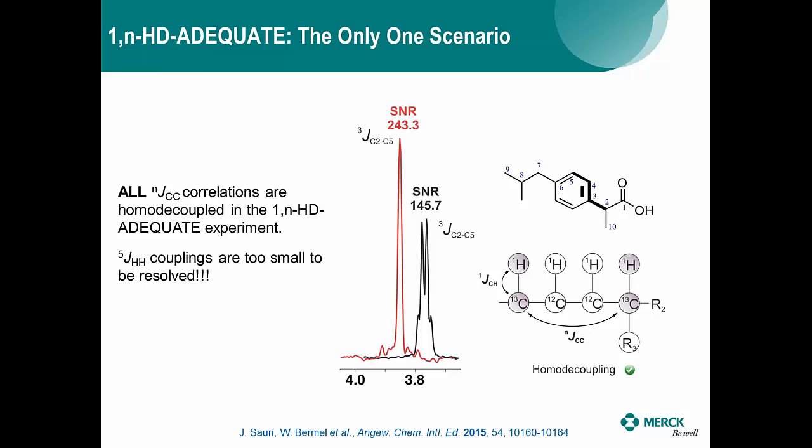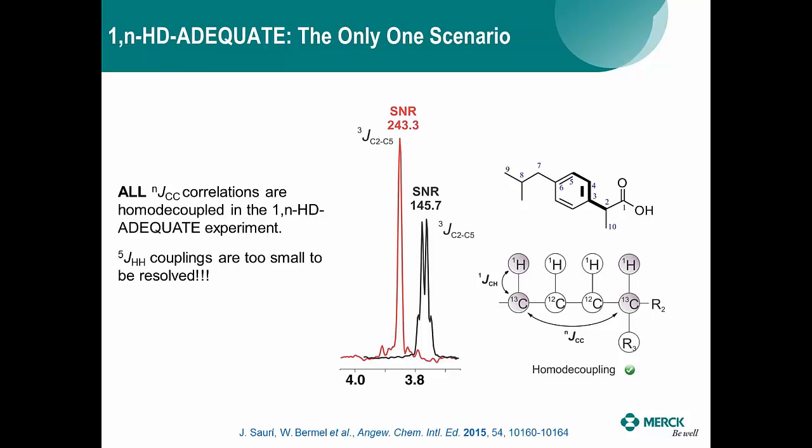So basically, everything will collapse up to a singlet in the 1,n HD-ADEQUATE. Then again, we can see here that we are looking at the correlation between C5 and C2, carbon 5 and carbon 2. The black trace is the 1,n-ADEQUATE conventional experiment. It appears as a quartet, and in the 1,n HD-ADEQUATE, we are able to remove the proton-proton coupling constant, and everything collapses up to a singlet with the corresponding increase in the sensitivity.